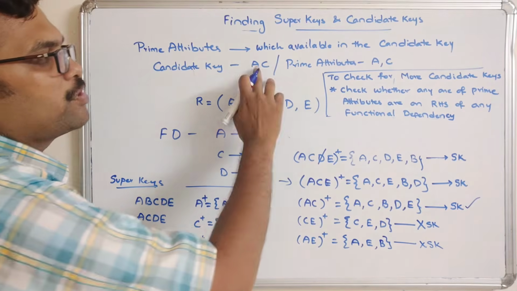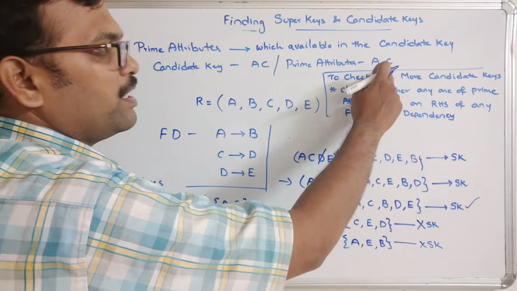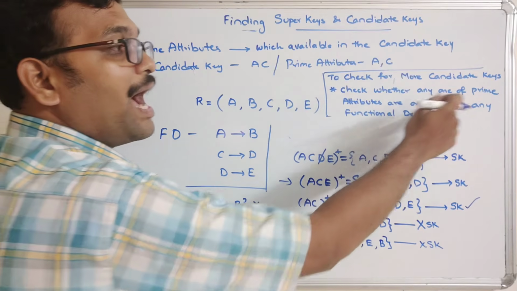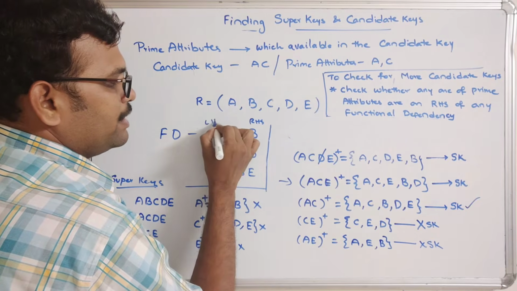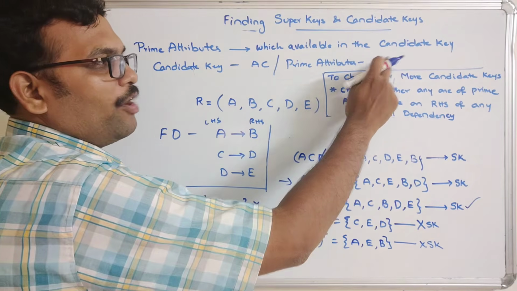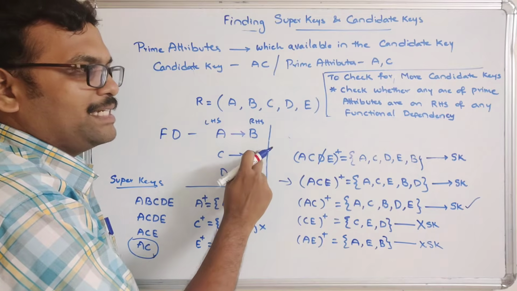So here the prime attributes are A and C. So we need to check whether A or C are on the RHS. This is the RHS and this is the LHS. So we need to find out whether A or C are available on the RHS.